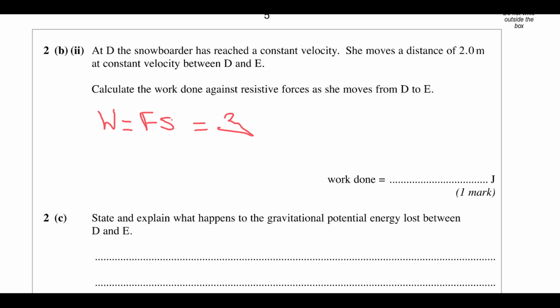So if we get that number up, we had a value we calculated in the last question of 310.94, and we're going to multiply by a distance, which we can see from the diagram is 2, and when we do that, we get an answer of 622 and so on. So that's going to be 6.2 times 10 to the 2 joules there. It's 2 sig figs.